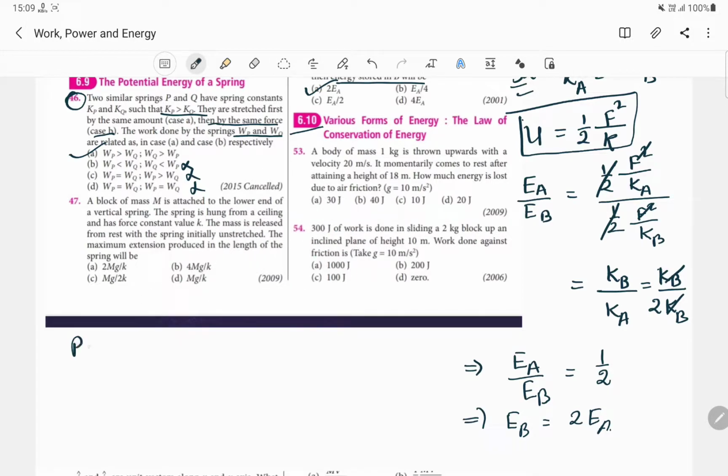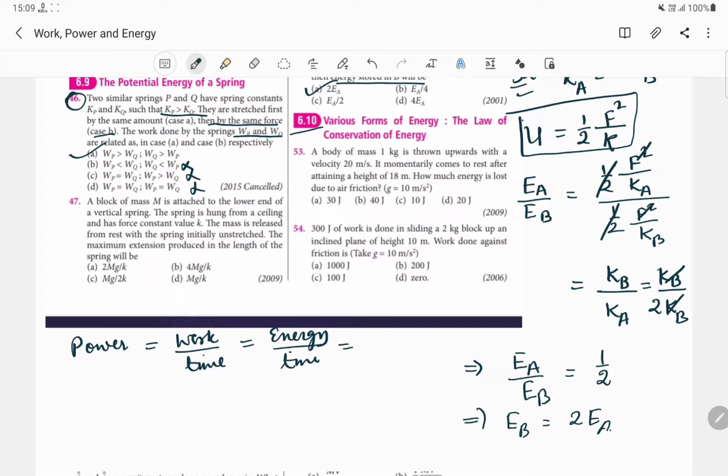Power is the ability of any object to do work. That is, power is equal to work done divided by time, and we know that work can also be converted in terms of energy, so it will be energy divided by time. Generally we can define power as the rate of work done, or rate of energy consumed, or rate of energy produced.